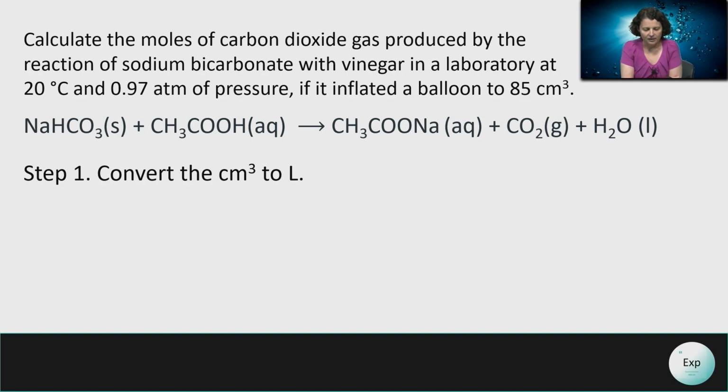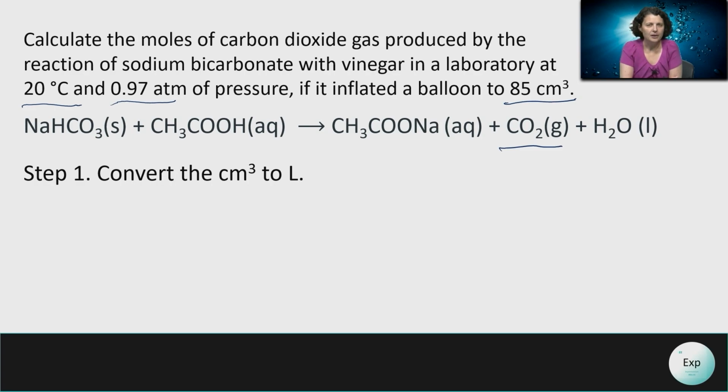For the reaction of sodium bicarbonate and vinegar, the reaction that produces carbon dioxide, first, we have to identify what is provided and make sure that everything that is provided is present in the appropriate units for the calculations. Here we have a reaction occurring at 20 degrees Celsius, 0.87 atmospheres of pressure, and the balloon in which the carbon dioxide is captured inflates to 85 cubic centimeters.